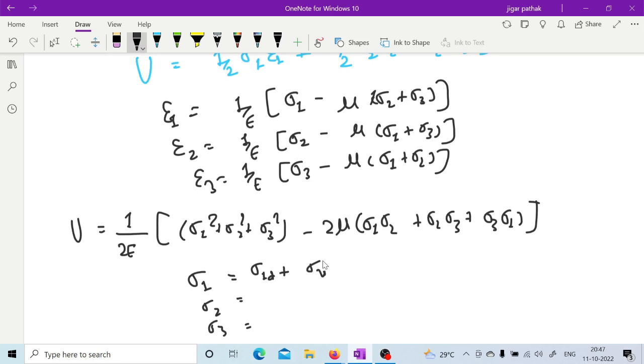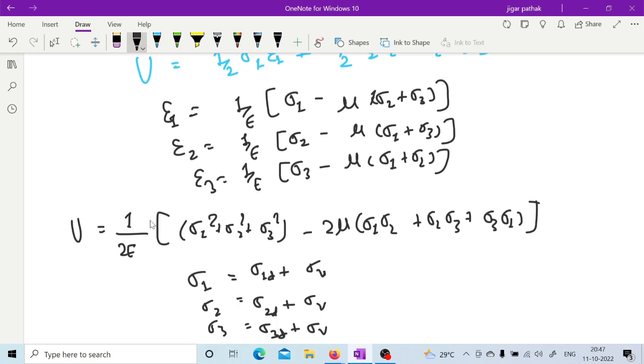So the deviatoric and volumetric components will be there for each stress, so sigma 1, sigma 2 and sigma 3 will have these components. The deviatoric stress is responsible for the plastic deformation.